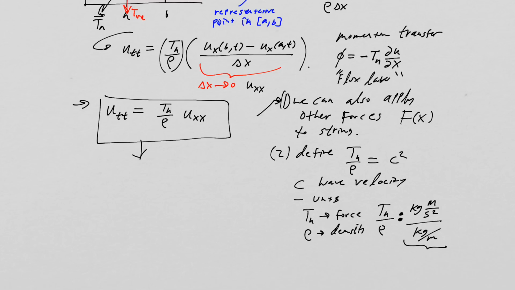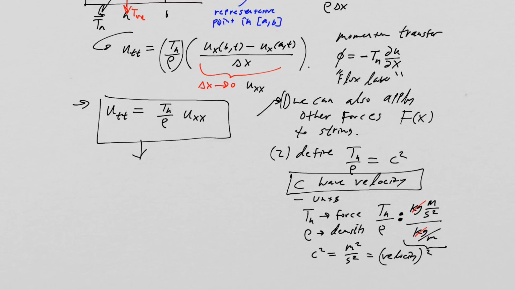If I put those all together, the kilograms cancel, and the meter in the denominator flips up to the numerator, and you get c squared has units of meters squared per second squared, which is, of course, velocity quantity squared. So that's why we call this the wave velocity.